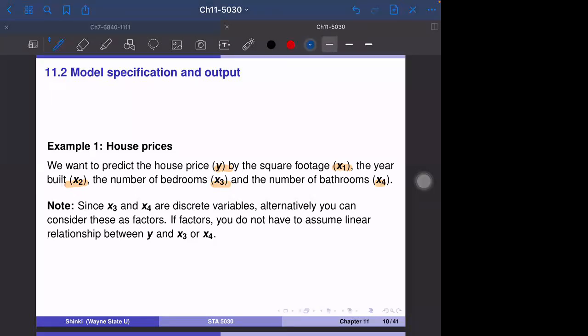So we can regard this variable as a factor variable. In such a case, we don't have to assume a linear relationship between house price and the number of bedrooms.